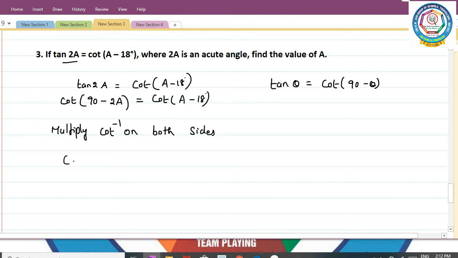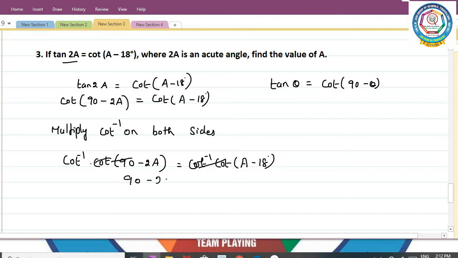So cot inverse into cot of 90 minus 2a is equal to cot inverse then cot of a minus 18 degree. Here cot inverse and cot cancel. So remaining 90 minus 2a equal to a minus 18.